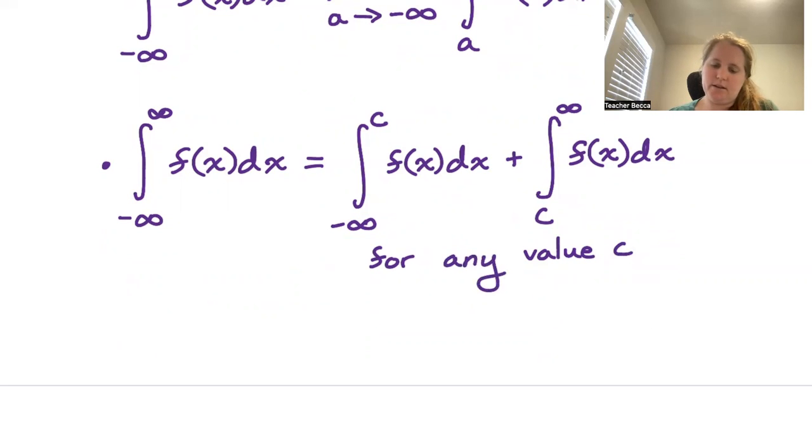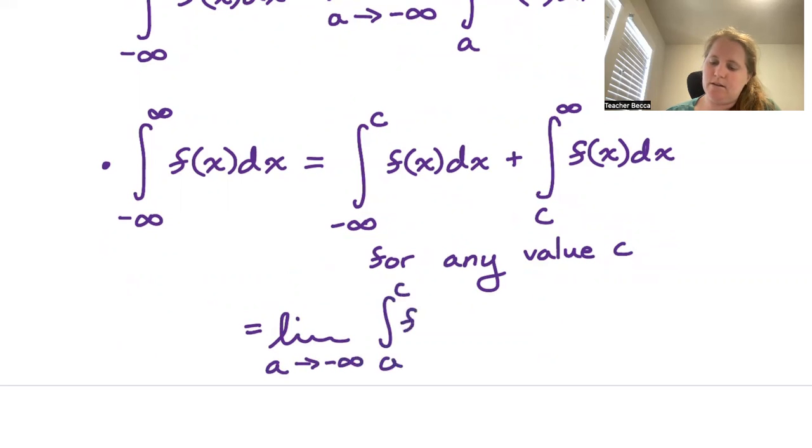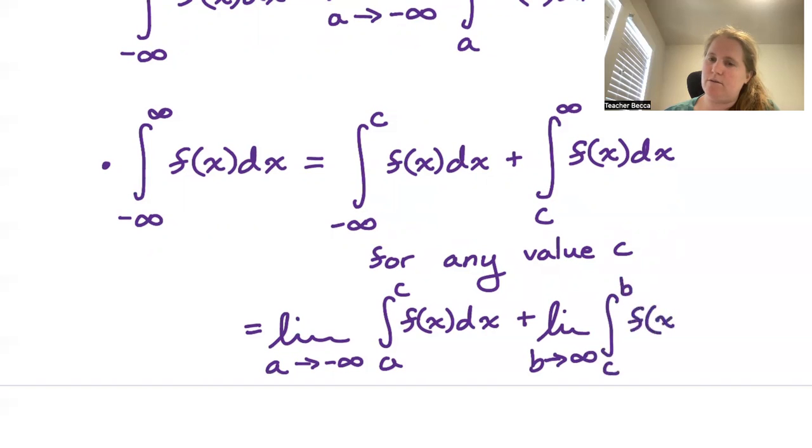So we get that this integral can be defined with two limits. We take the limit as a goes to negative infinity of the definite integral from a to c of f of x dx. And then to that we add the limit as b goes to positive infinity of the definite integral from c to b of f of x dx.